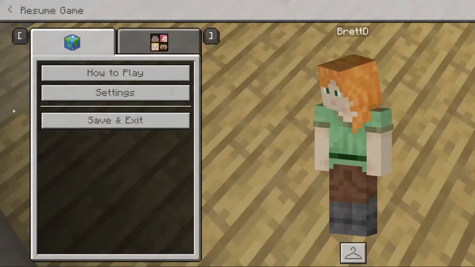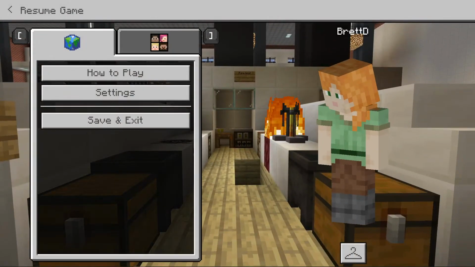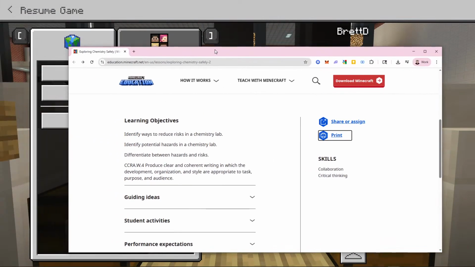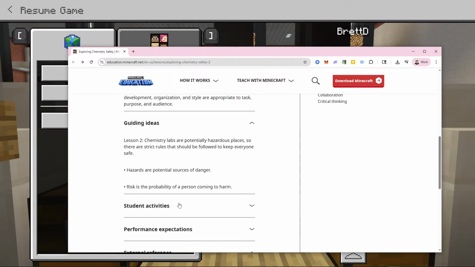So over here, let's identify ways to reduce risks in the chemistry lab, potential hazards, differentiate between hazards and risks. Potential sources of danger. A risk is the probability of a person coming to harm.